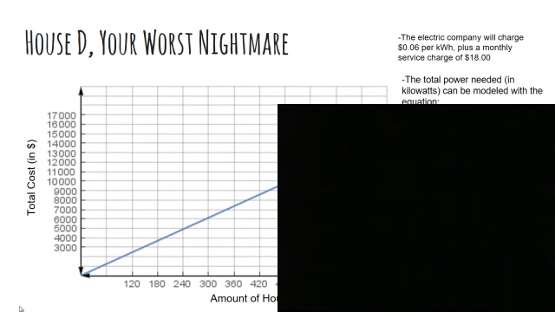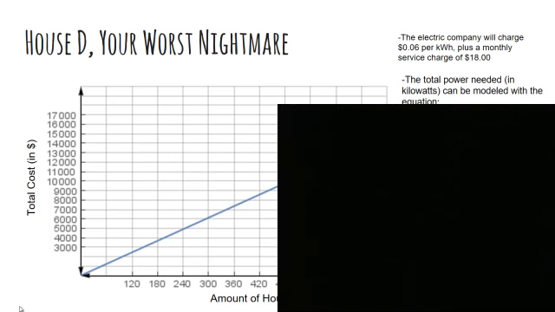The hourly cost equation that we got for that would be 20.3382x plus 18, where x is the amount of hours, of course. For 360 hours as our example, we plugged it into the equation and we got $7,339.75.